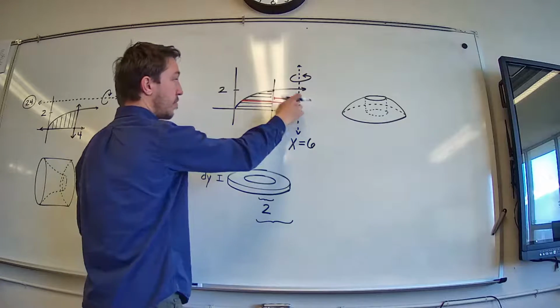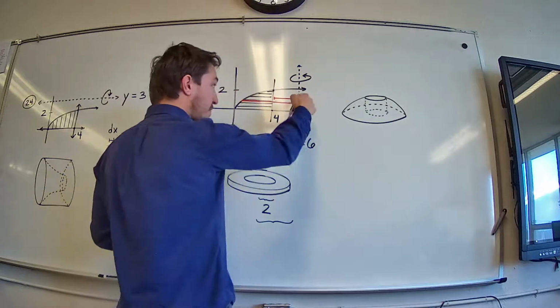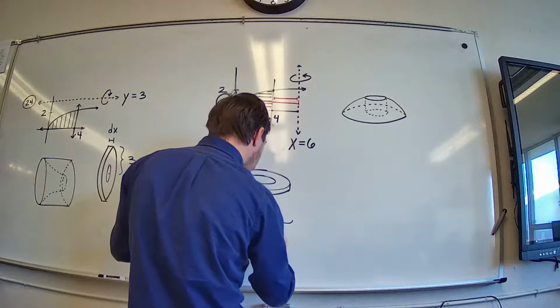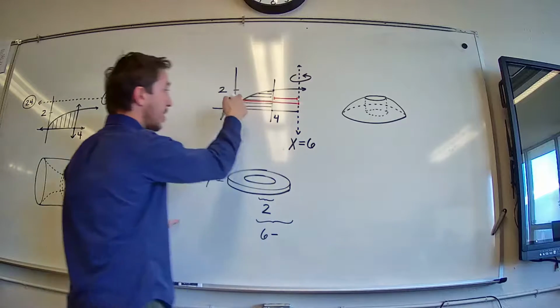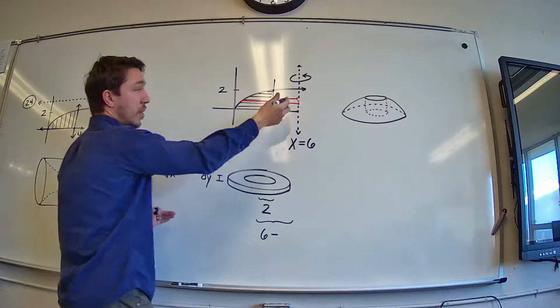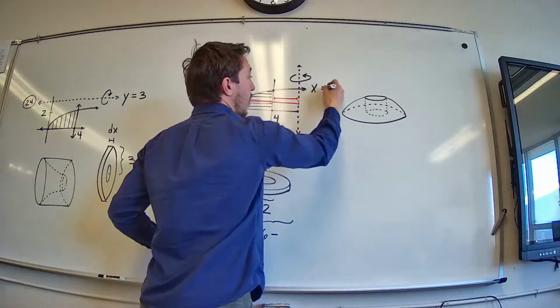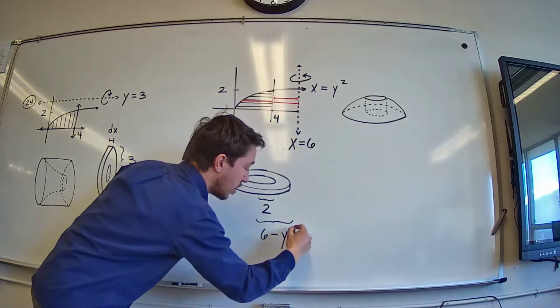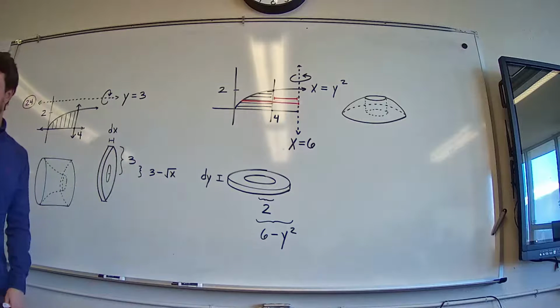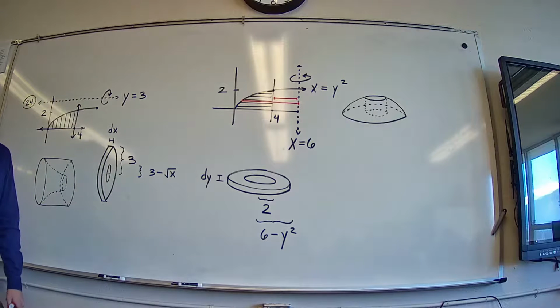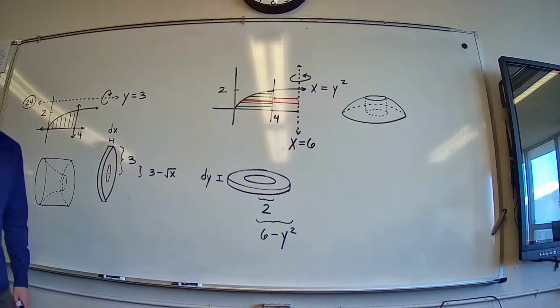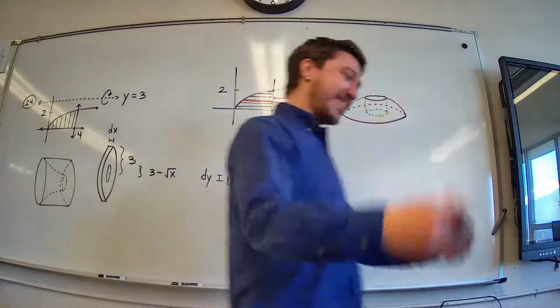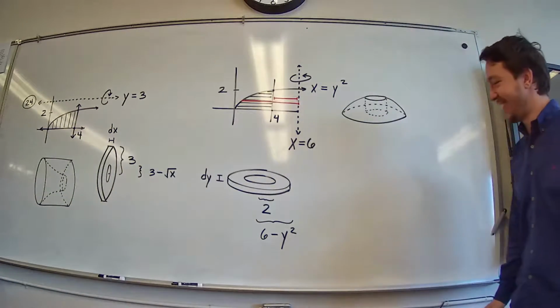It's going to be this x value minus this x value. So this x value is always 6. And then this guy's x value, if I rearrange the curve equation, says this. Do we feel okay about that? Yeah. I appreciate you trying to keep your eyes open.